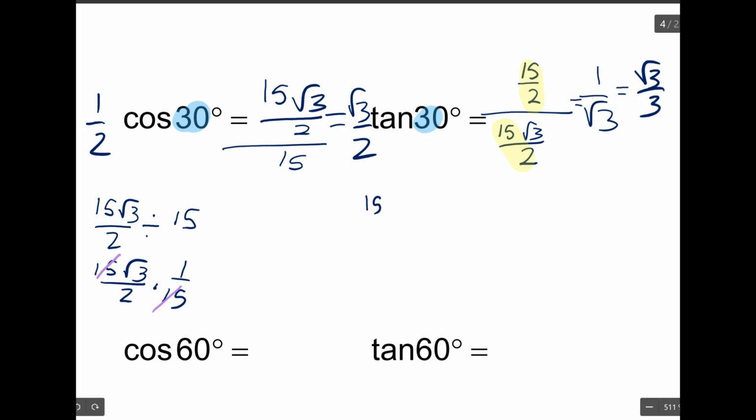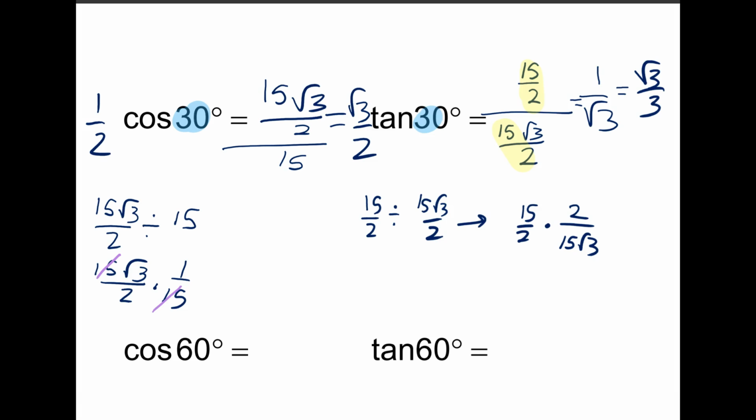I'll show you how to do that. 15 over 2 divided by 15 root 3 over 2 is the same thing as 15 over 2 times 2 over 15 root 3. This cancels, that cancels. 1 over root 3.